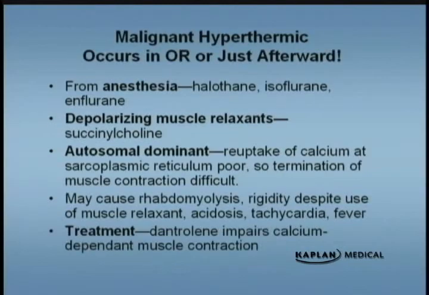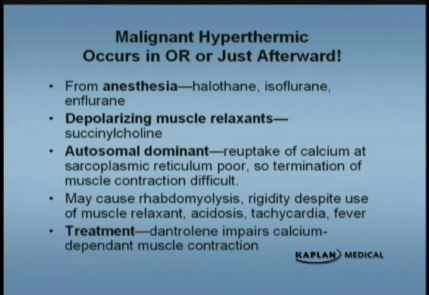Now, a couple other things that cause high fever is malignant hyperthermia. And malignant hyperthermia is really easy to diagnose because the patient just had anesthesia today, within the last couple of hours. If the patient just didn't have general anesthesia, they don't have malignant hyperthermia. It's that easy.